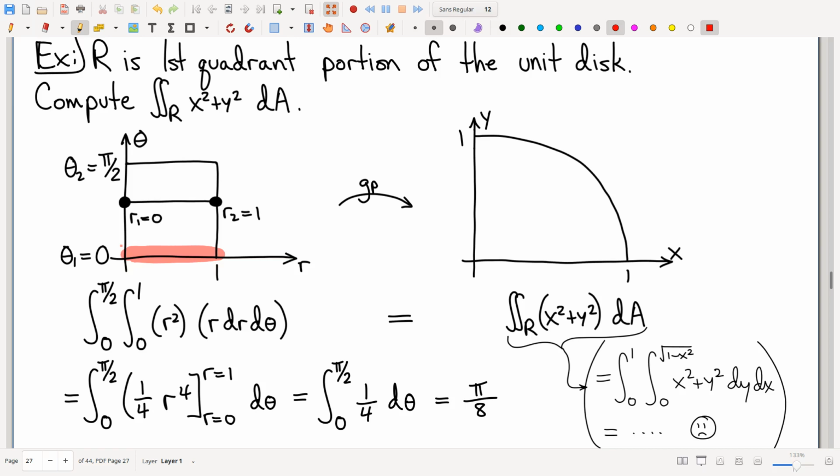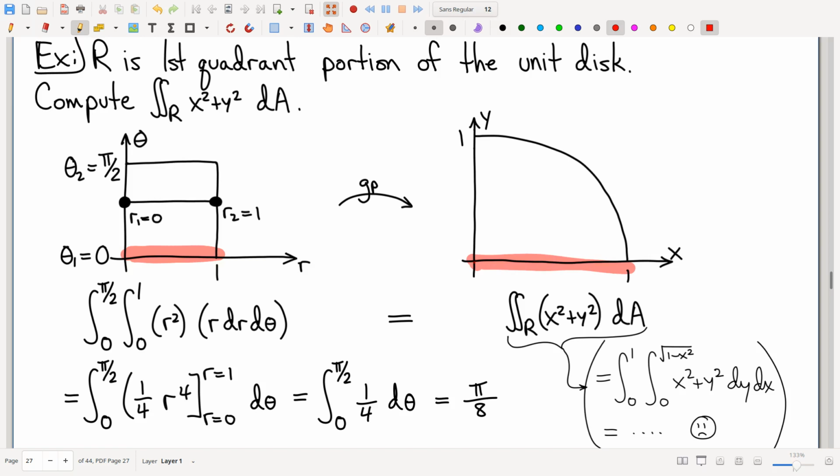You can see this is on the r-axis, so theta is equal to 0 is the starting point, and then theta equals 0 for the whole time, right? And then we're going to move along the r-axis until we get to where r equals 1. So theta equals 0, start at r equals 0, end at r equals 1. Well, that's exactly this edge right there.